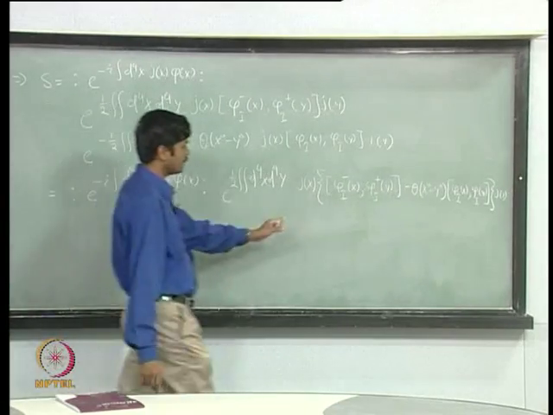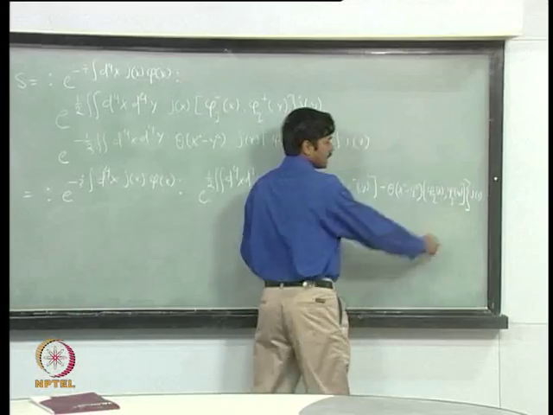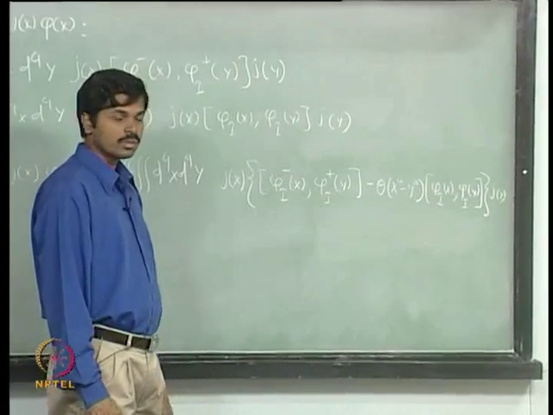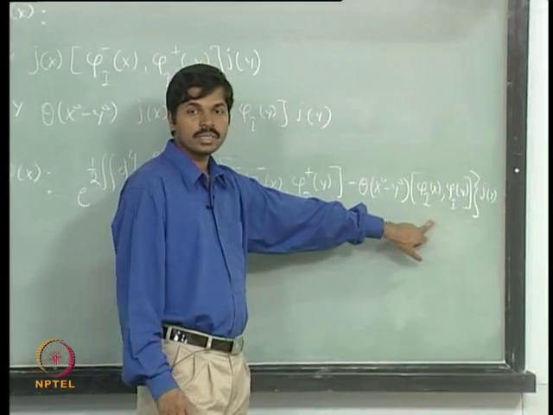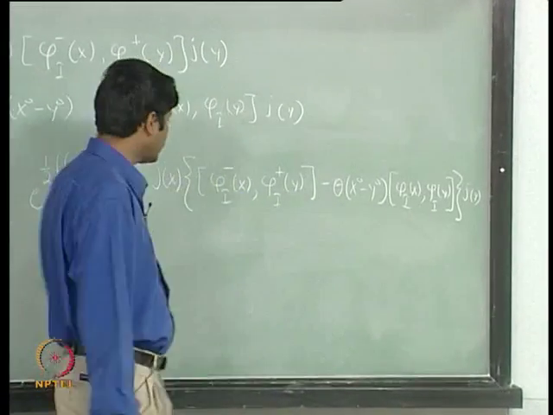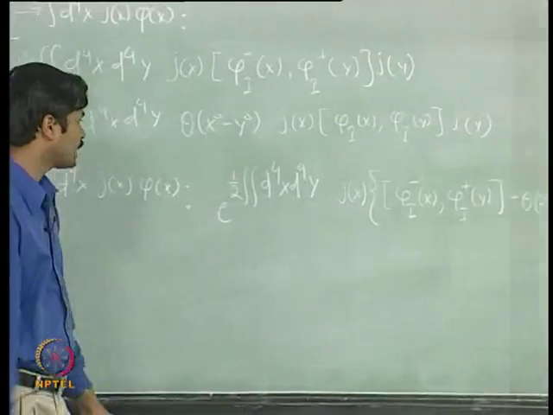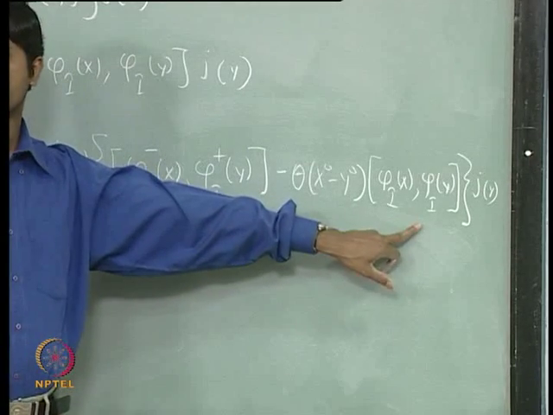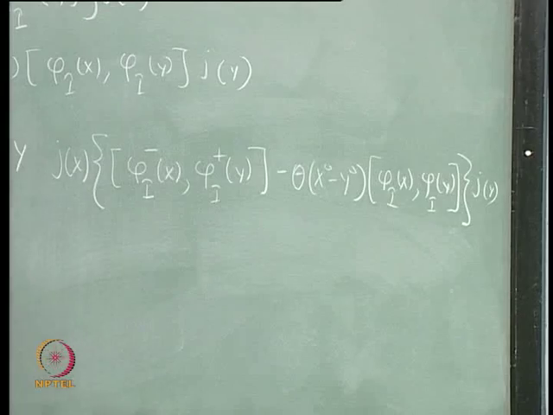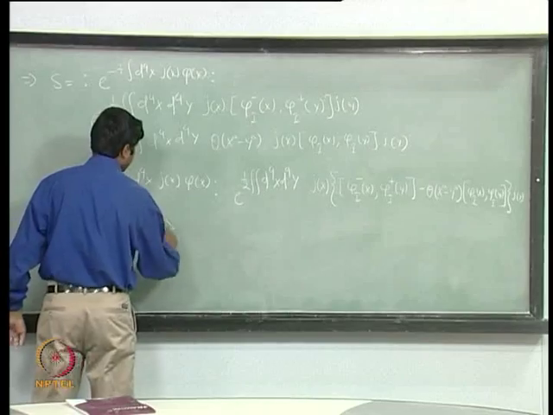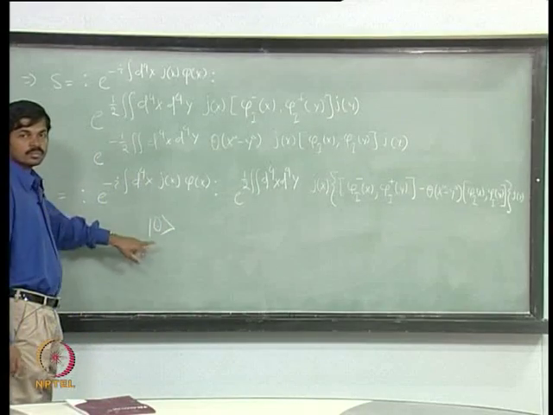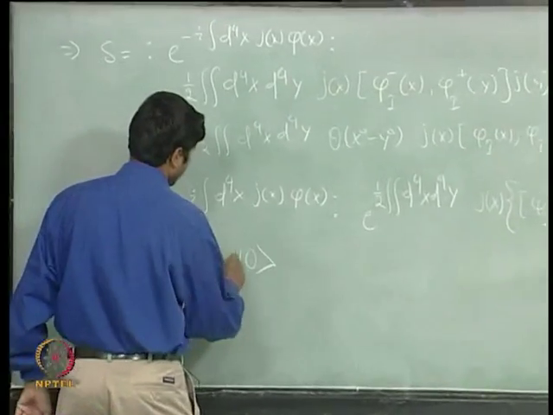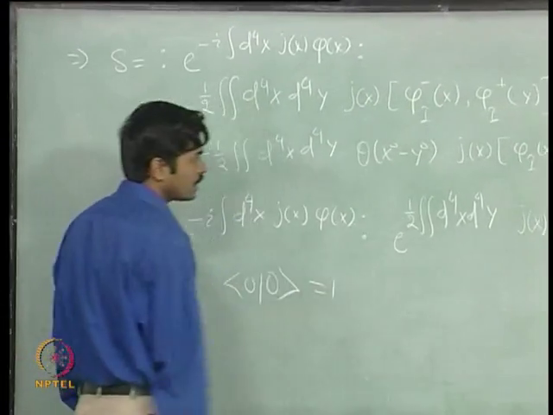I can write this term here inside the curly bracket in a simpler form. Note that this is a c-number here, and hence I can write this as the vacuum expectation value of itself, where 0 is the vacuum corresponding to the free Hamiltonian, which I have considered is normalized to 1.